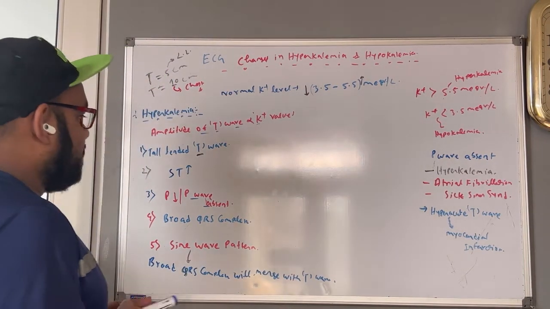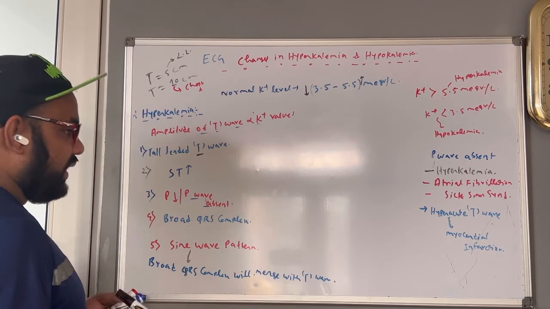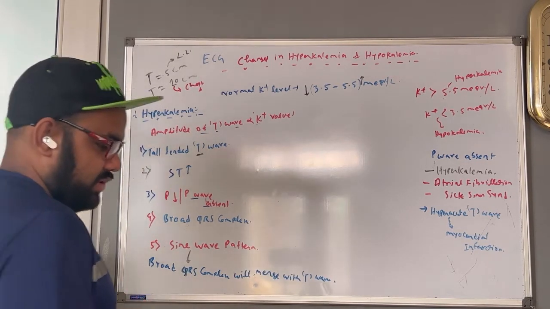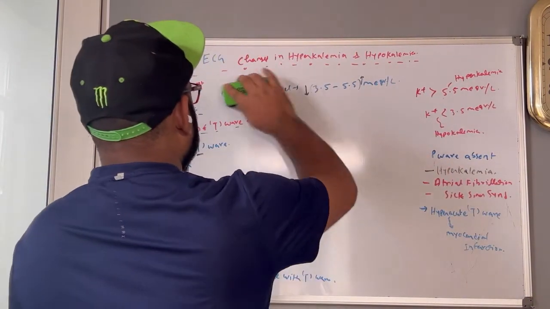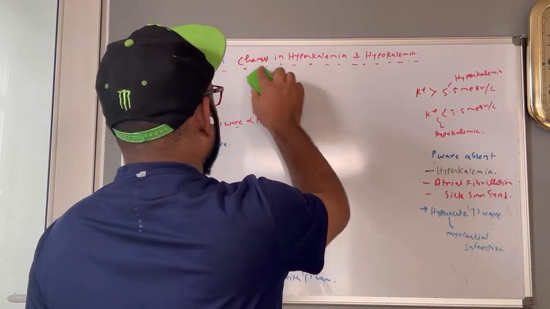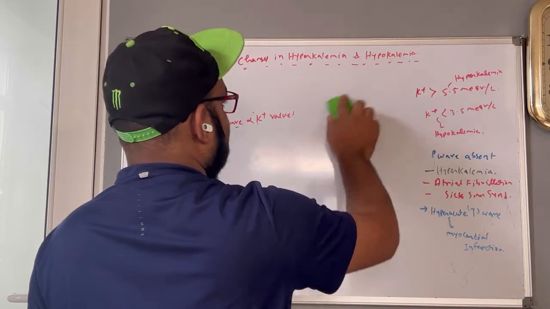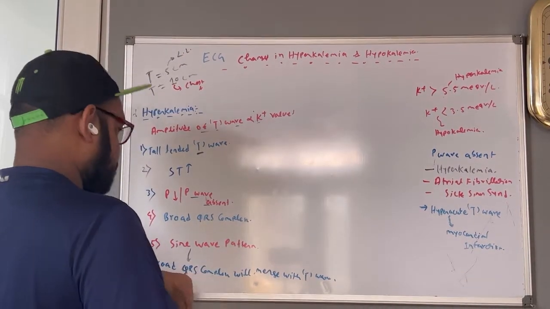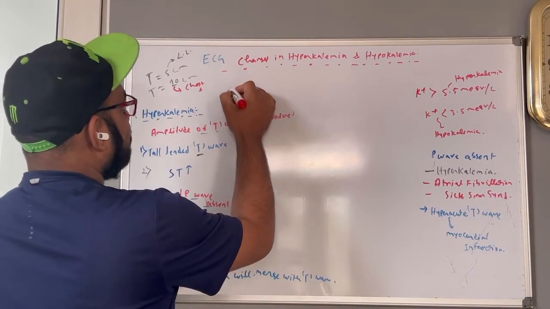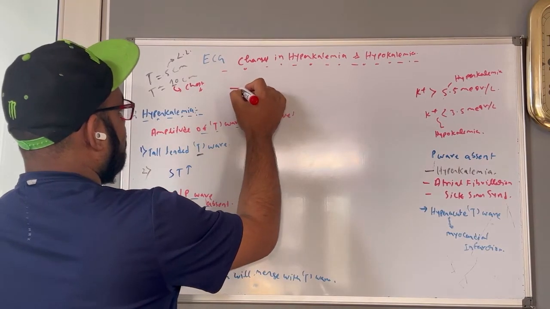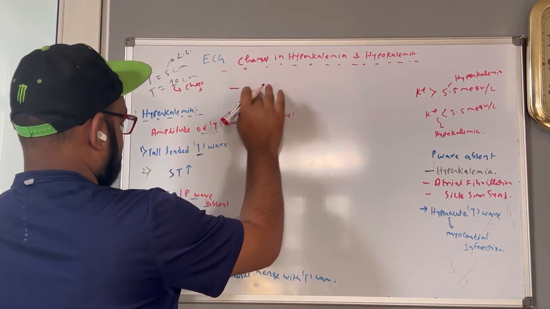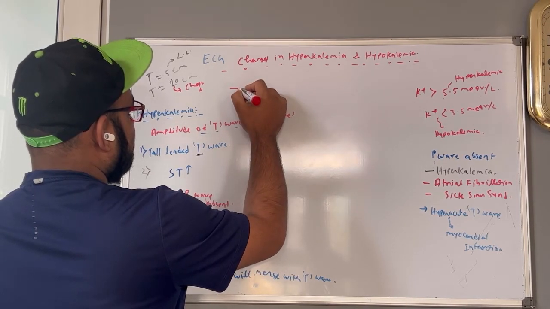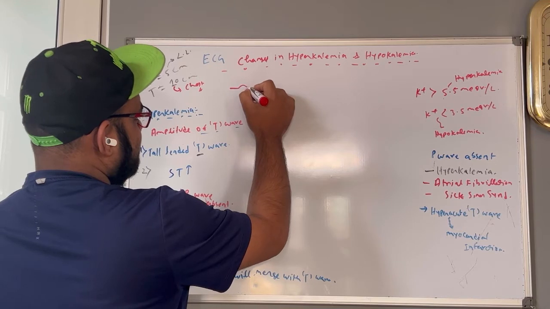Now, if we draw the ECG, what type of ECG will we get? At first I will draw the normal ECG, then I will show you the pathological ECG, where we get hyperkalemia. Write it over here: the P wave is absent, or the amplitude of the P wave will be less.